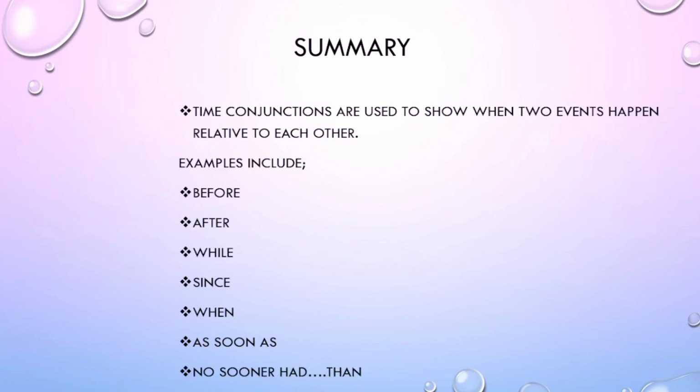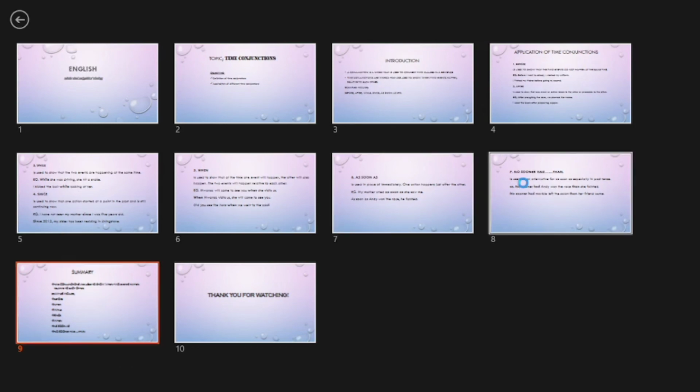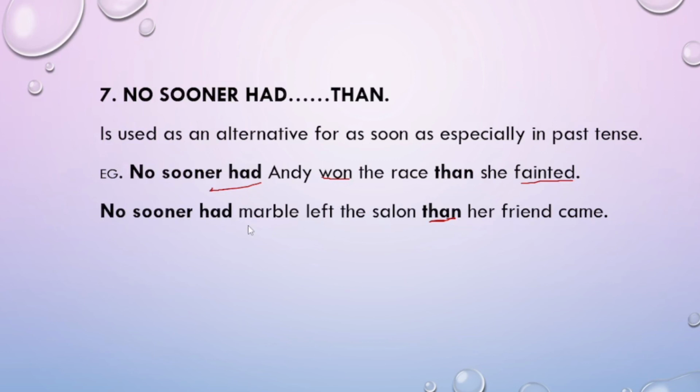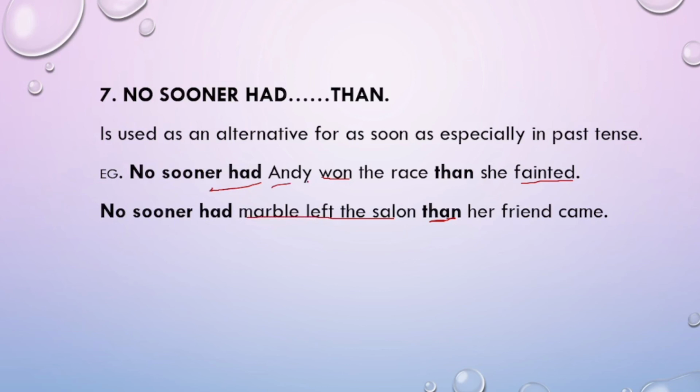For example, as you saw in the previous slide, no sooner had, then we had words here: Mabel left the salon. Here we had Andy won the race. So this is what these dashes stand for. I mean, there should be something there before you put the word "than". I hope we are together.